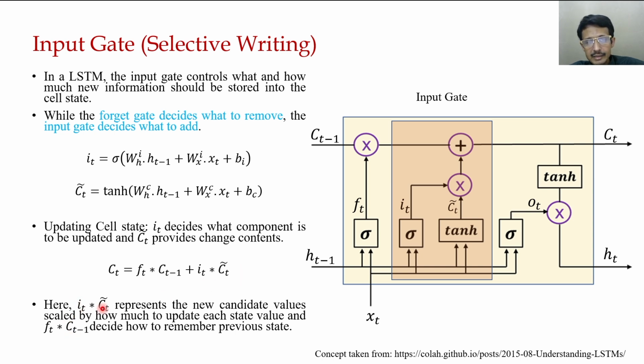Here this i_t times c_t tilde represents the new candidate values scaled by how much to update the state value. And this f_t times c_{t-1} part decides what to remember from the previous state.